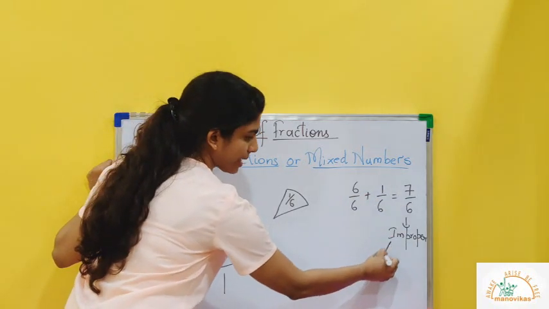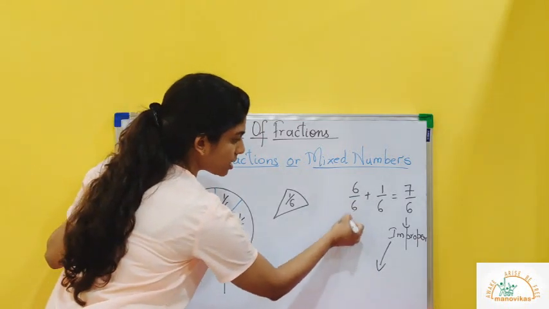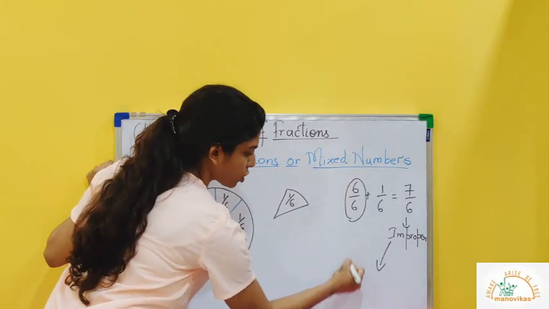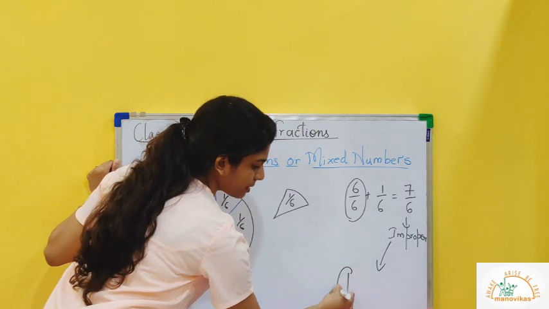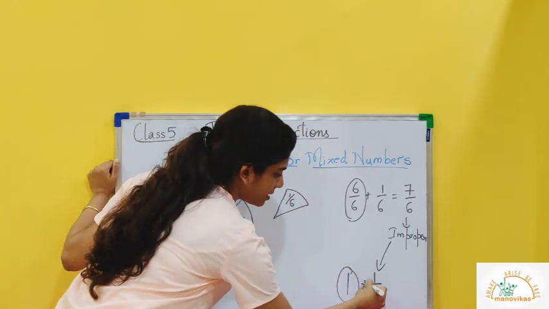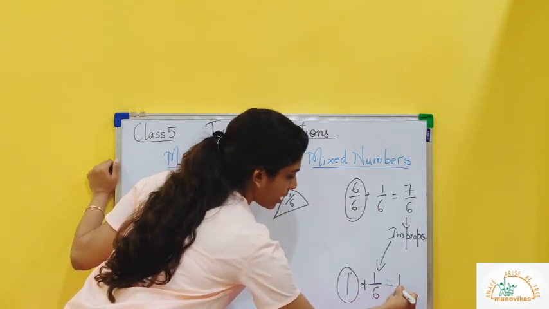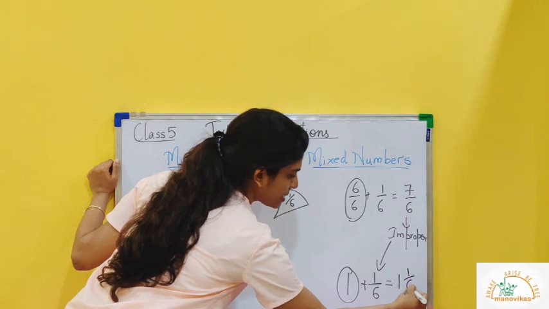Now this can also be written as, you know this 6/6 is also termed as 1 whole, plus I have 1/6. I can write this whole fraction as 1 whole and 1/6.